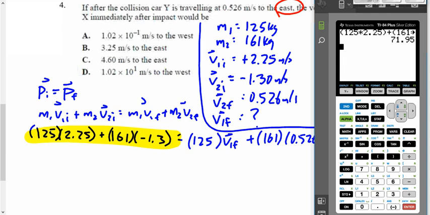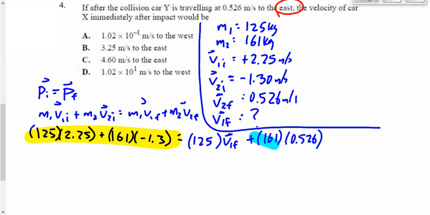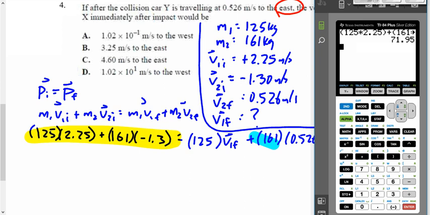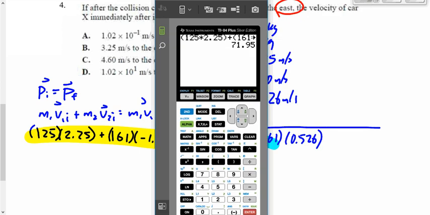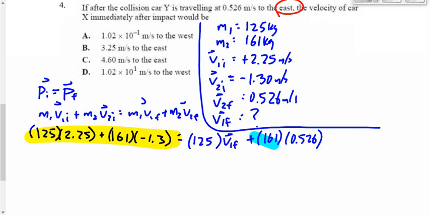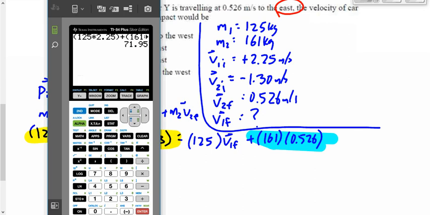Now I want to take this term over. How do I take that term over to the left-hand side? Subtract it. Yeah, it's added to the right-hand side, so subtract it from the left-hand side. Subtract 161 times 0.526 equals. And then let's just divide by 125 now. Gives me 0.716.